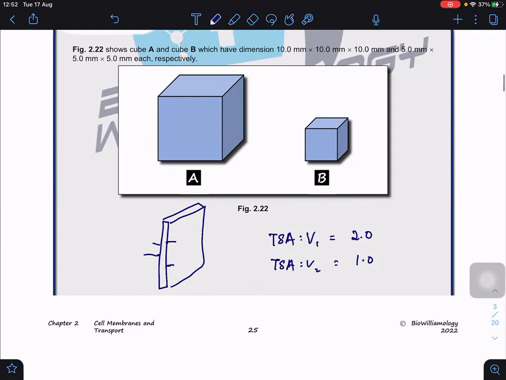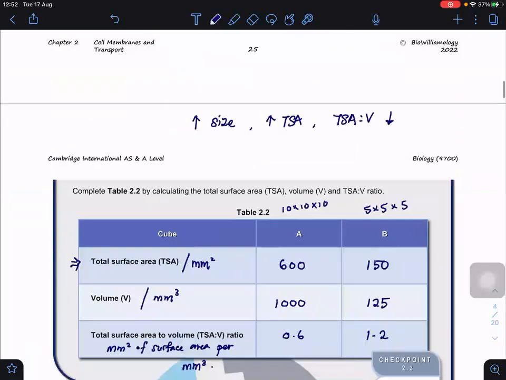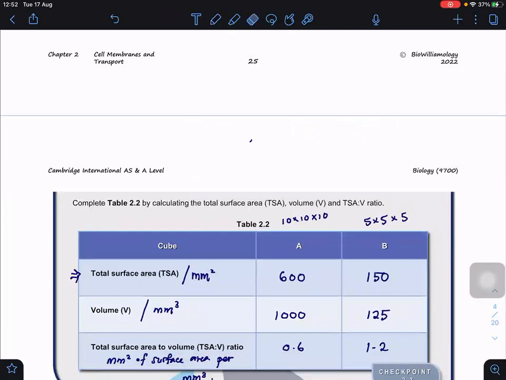And the last one, in the syllabus, you need to know how to calculate the surface area of a sphere and also the volume of a sphere. So, write down. For the sphere, the volume is equal to 4/3 pi r cube.